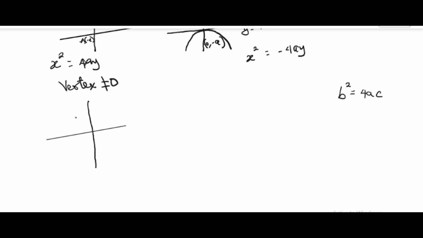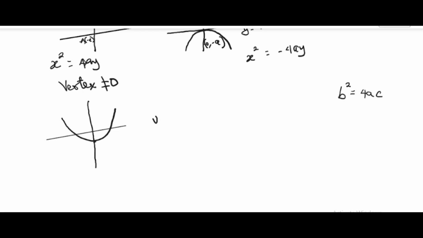So now when the vertex is not 0, it can be this, for instance. This is where this cuts the y-axis. All right, good. So we have a vertex. It can be in any form in the 4 cases above.